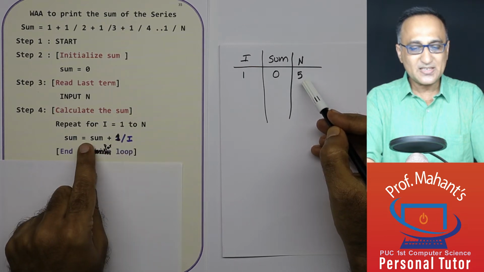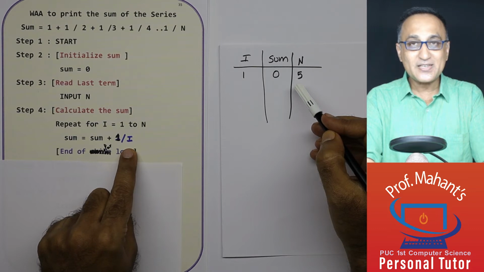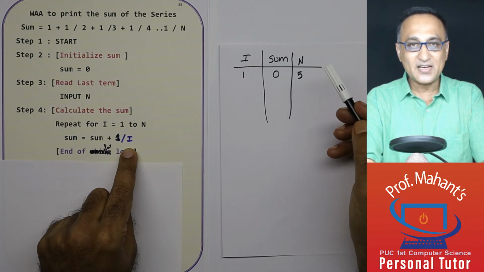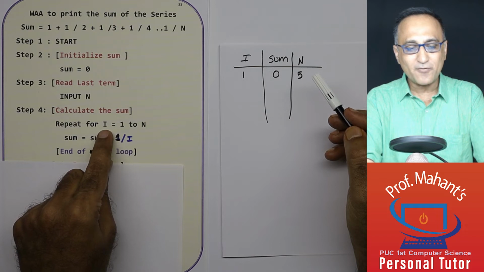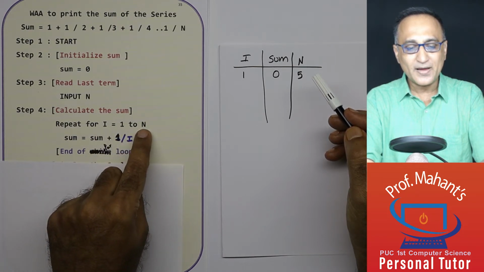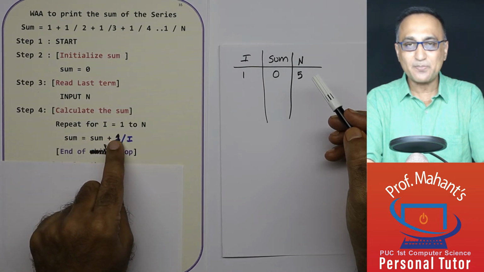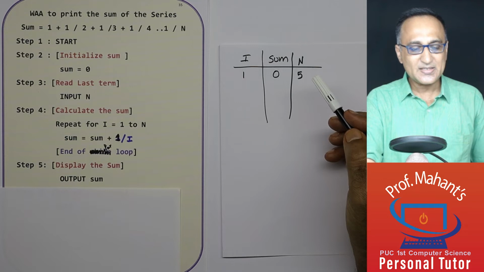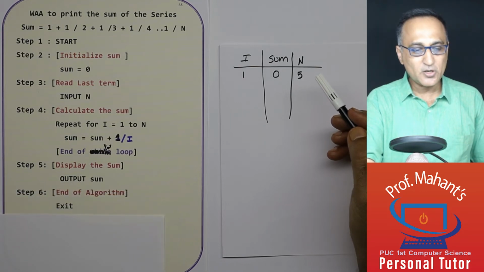So sum is 1.5 plus 1 upon 3, which is 0.33, so it becomes 1.833 and so on. This keeps repeating while I is from 1 to 5. The minute I becomes 6, it will not execute sum is sum plus 1 upon I. Then you come out and display the sum, and finally you end the algorithm or stop.